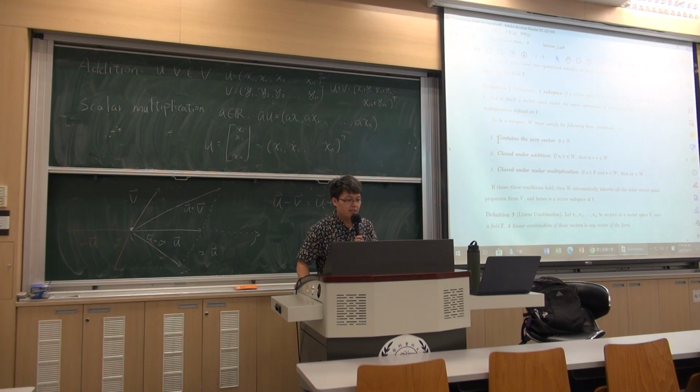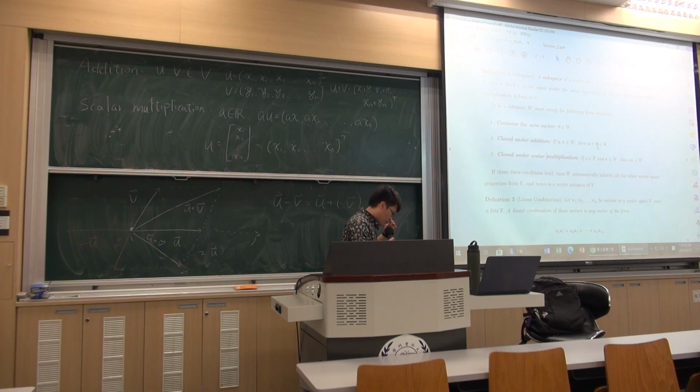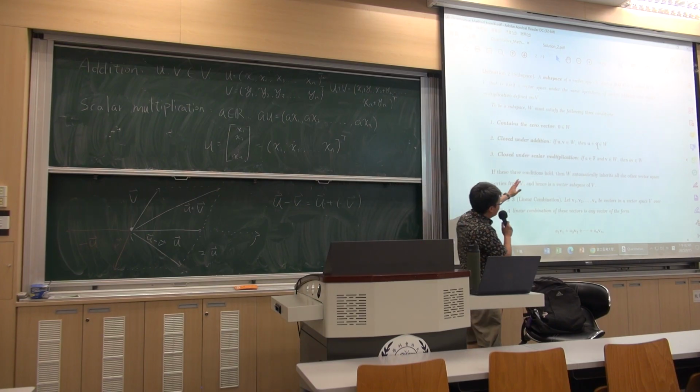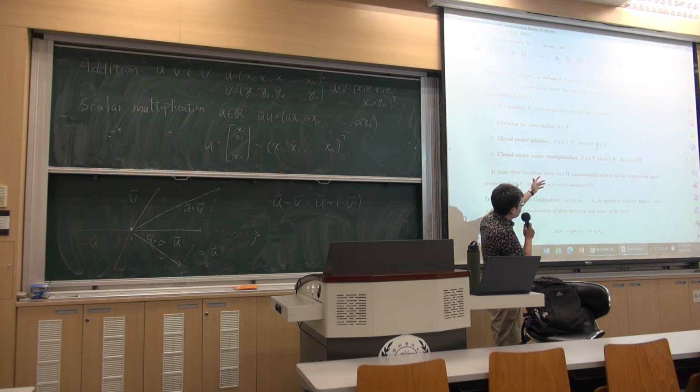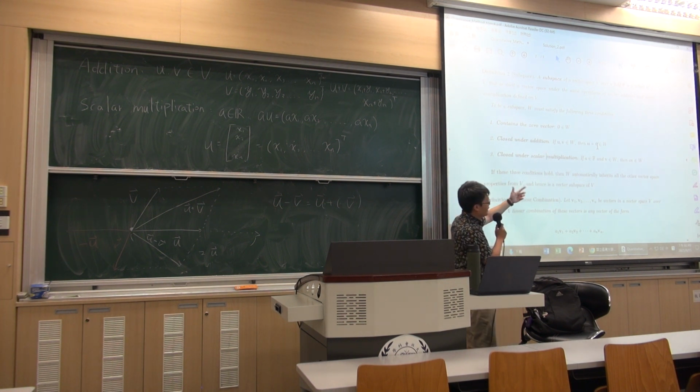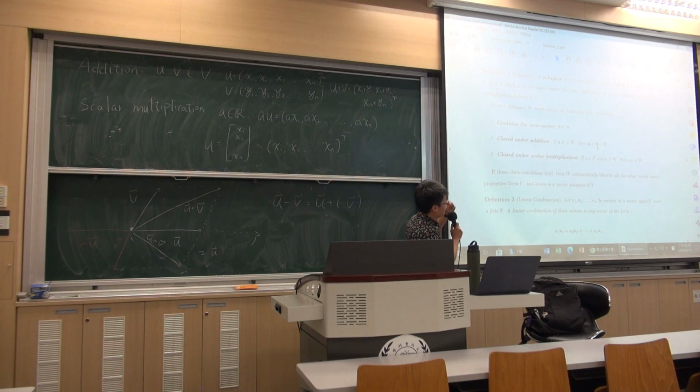The first is that it has to contain the zero vector. It is closed under addition, meaning that when I give you any two vectors in that subspace and you add them up, you find that the result is still in that subspace as well.